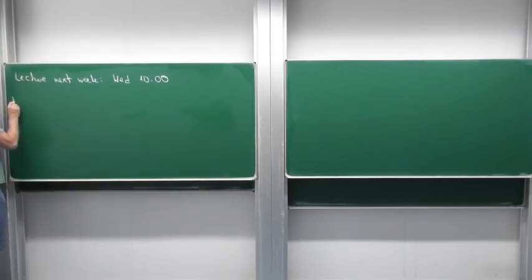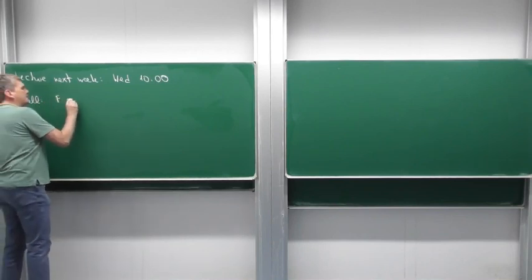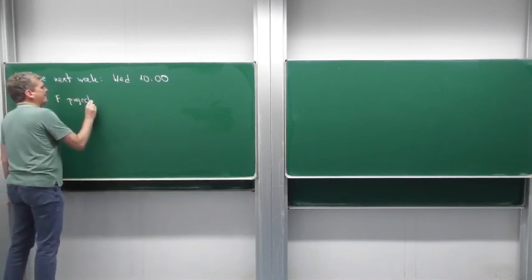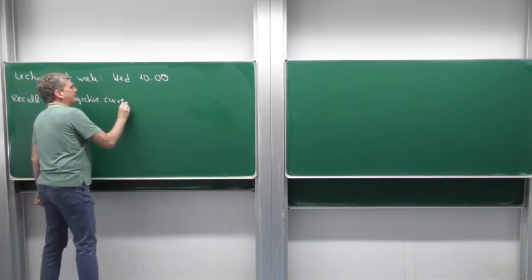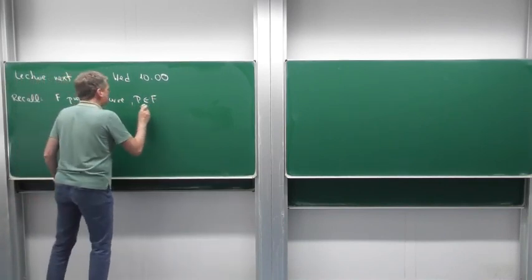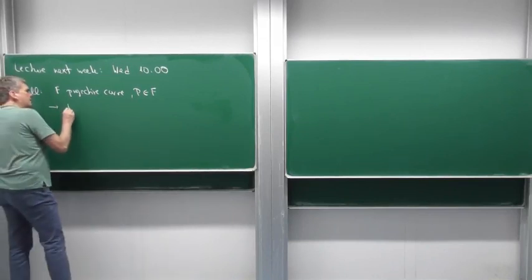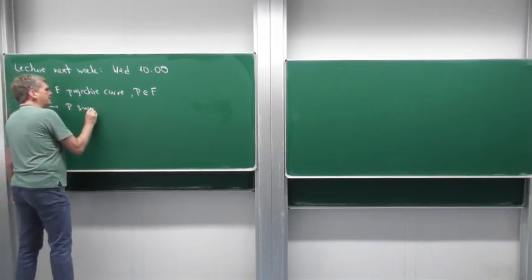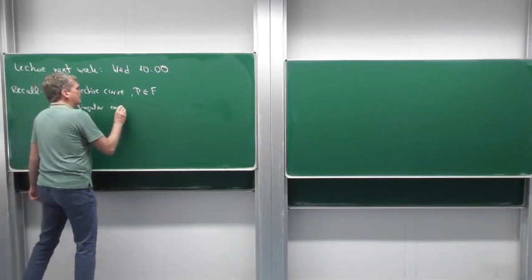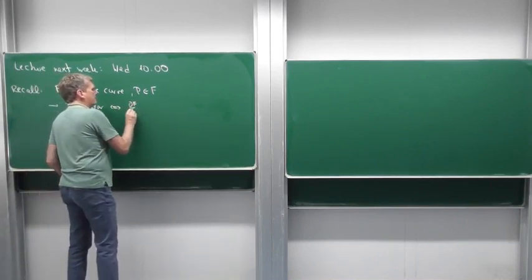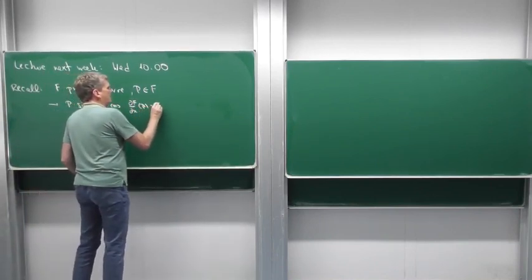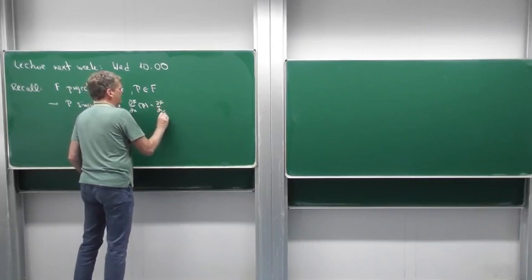So the result was, if we have f a projective curve and p a point on f, then we had a criterion to determine whether it's a singular point or not, namely p is singular if and only if all the partial derivatives of f with respect to all three variables are zero at this point.